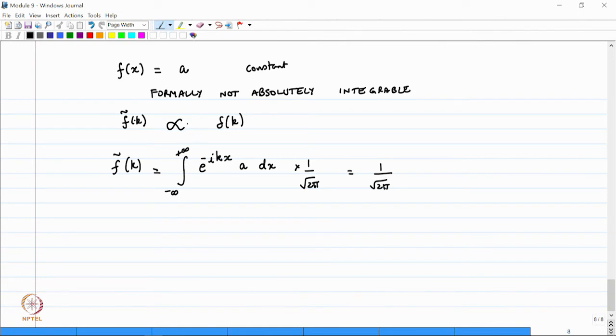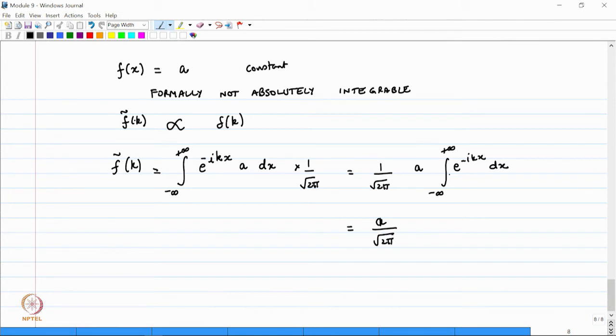It will turn out to be proportional to this. Written this way, what you have is the integral of e to the minus i k x dx from minus infinity to plus infinity, and this is equal to a by square root of 2 pi.